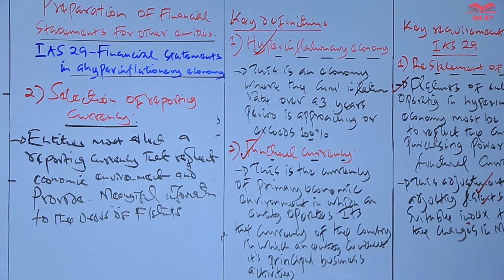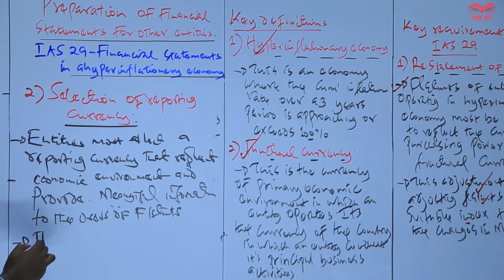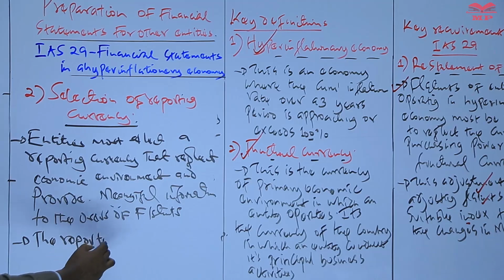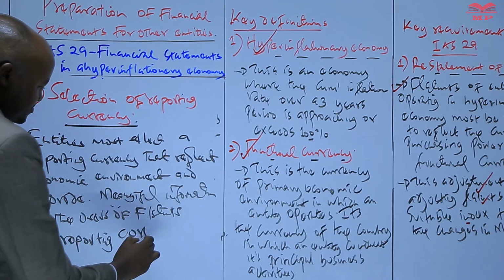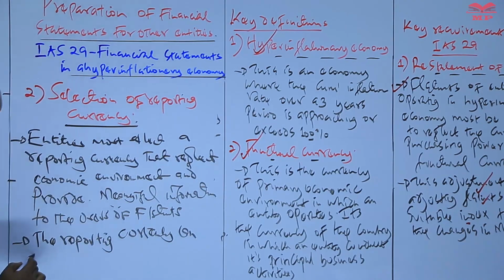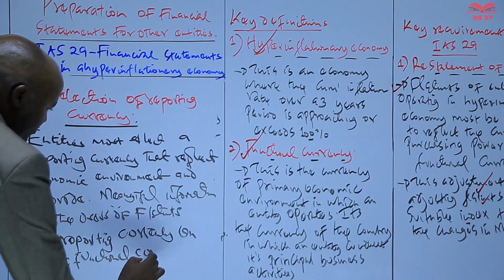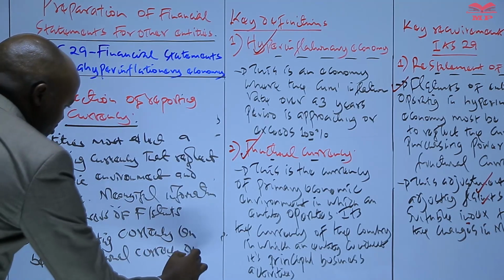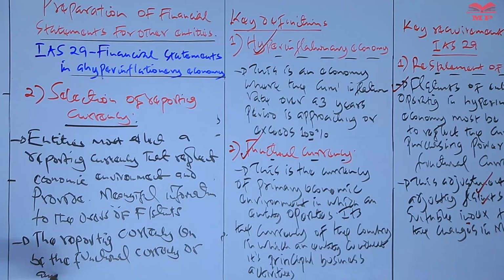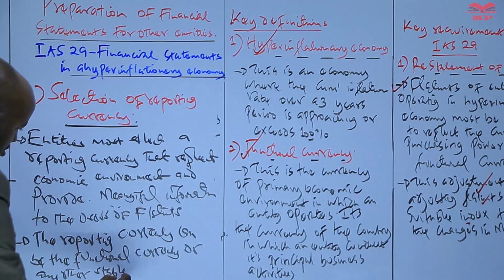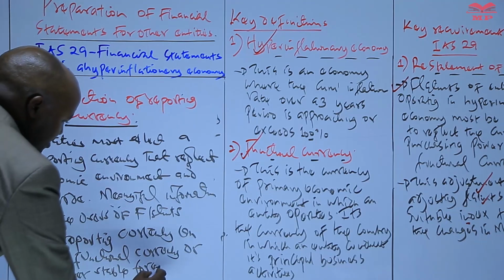So that's why we are saying that this particular reporting currency can either be the functional currency, or any other stable foreign currency.